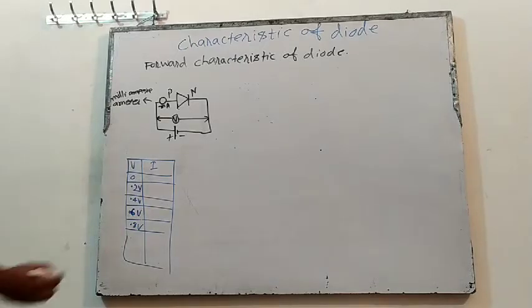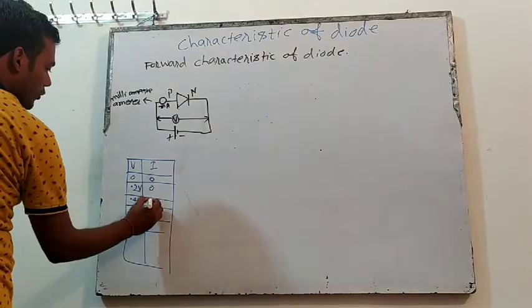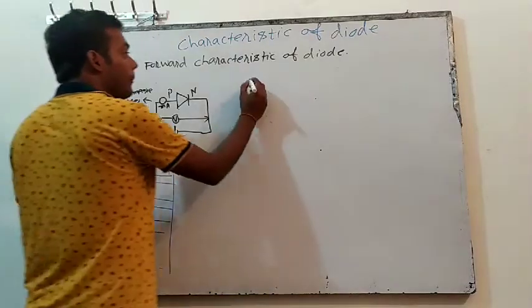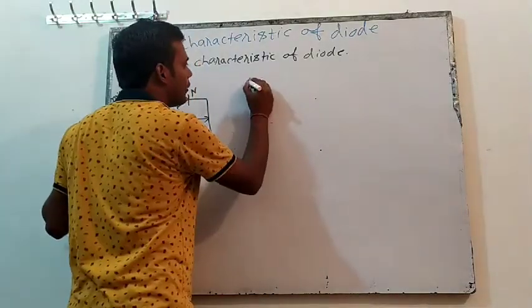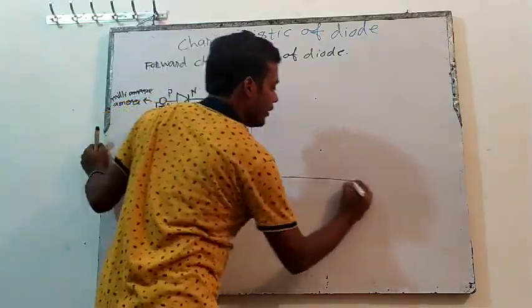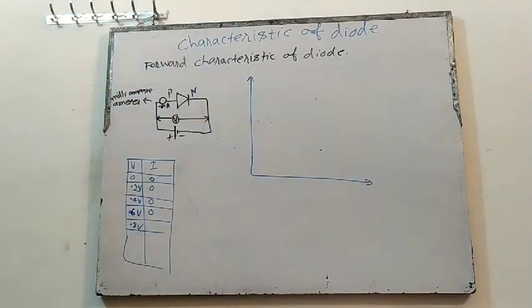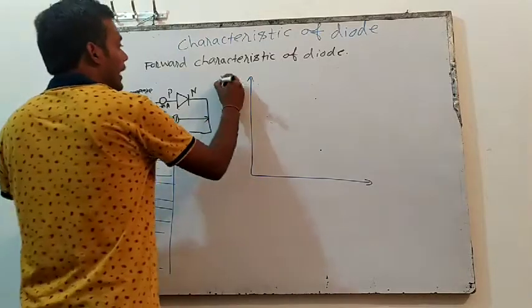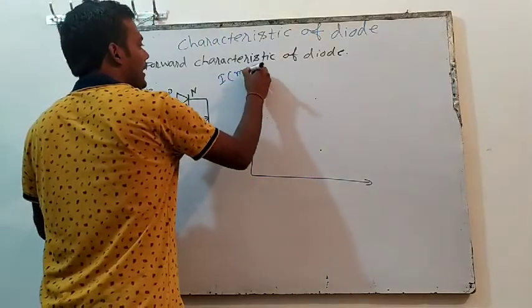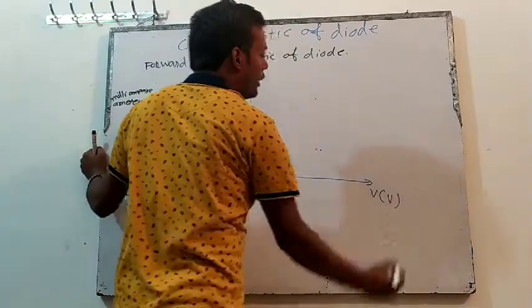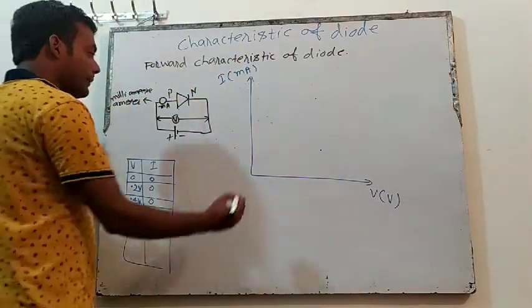What I will analyze is that initially the current is coming 0, 0, 0, 0, like this. If you make the plot of the graph, it will be like this. This is current, this is voltage. Current we will measure in milliamperes and voltage in volts.